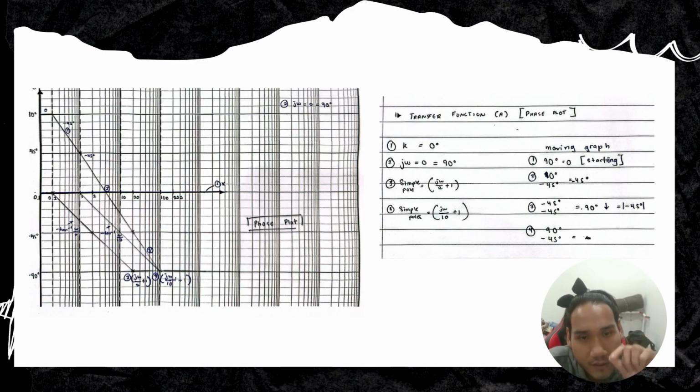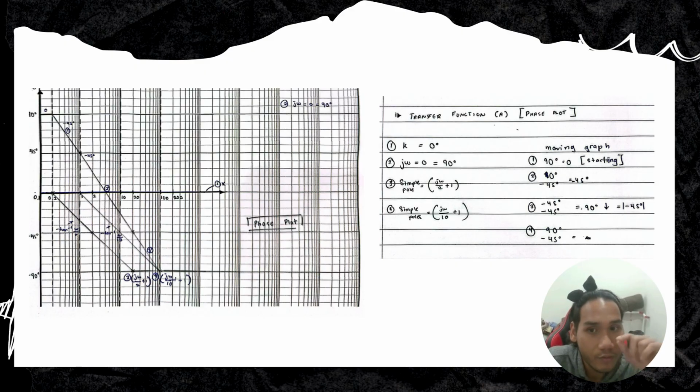For the term j omega divided by 2 plus 1, it shows that the corner frequency is 2 radians per second, but the phase change starts at 0.1. So what we have to do is 2 radians per second multiplied by 0.1.